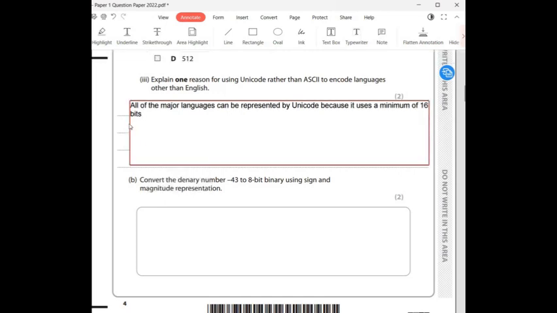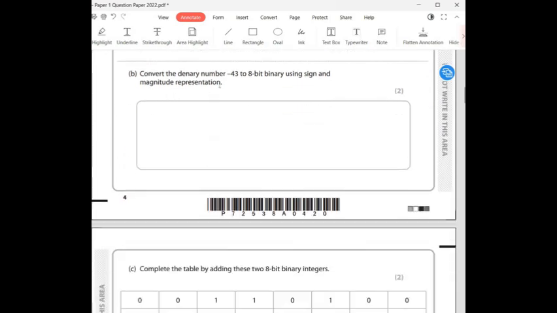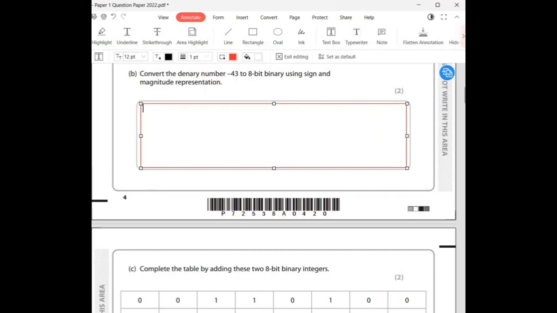Okay, let's move on. We need to convert the denary number -43 to 8-bit binary using sign and magnitude. So we're going to put the sign here, then 64, 32, 16, 8, 4, 2, 1.